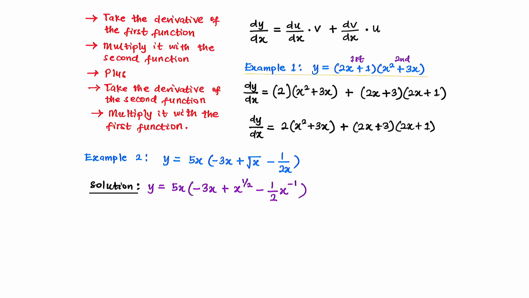Using product rule, this 5x will represent our first function, and this minus 3x plus x raised to power 1 over 2 minus 1 over 2x raised to power minus 1 will represent the second function. Taking the derivative, so dy/dx is equal to, using the product rule, we take the derivative of the first function, which is 5x.